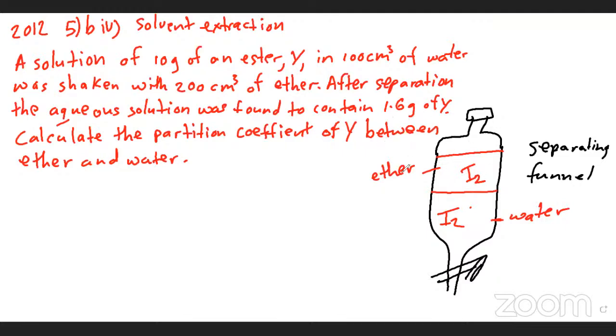All right. So in solvent extraction, you have two solvents, and we basically want to see which of the two solvents the solute is more soluble in. Basically, we'll have an equilibrium between the two solvents. That's the partition coefficient. So for this question, we basically want to see how the ester is distributed between the two layers.